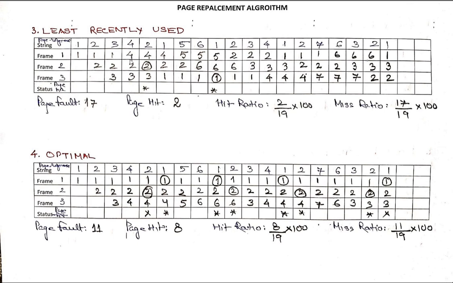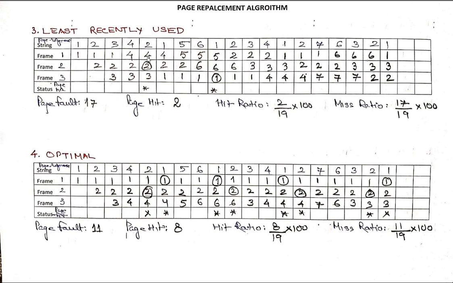When 4 appears, it looks for the page that has been there for the longest time, just like in the FIFO scenario. So 1 has been there for the longest time, so 4, 2, 3.